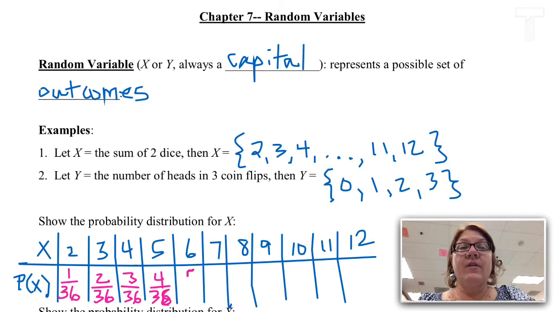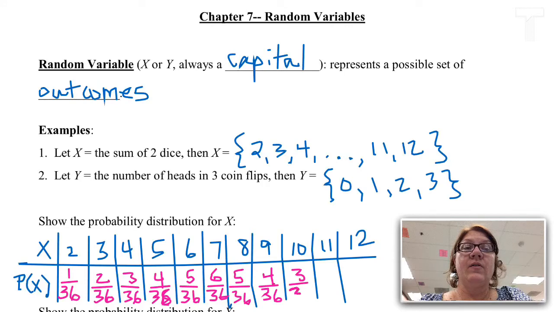There were 5 sixes, so out of the entire table, 5 out of 36. There were 6 sevens, and then it started going back down, so there were only 5 eights, 4 nines, 3 tens, 2 elevens, and 1 twelve.